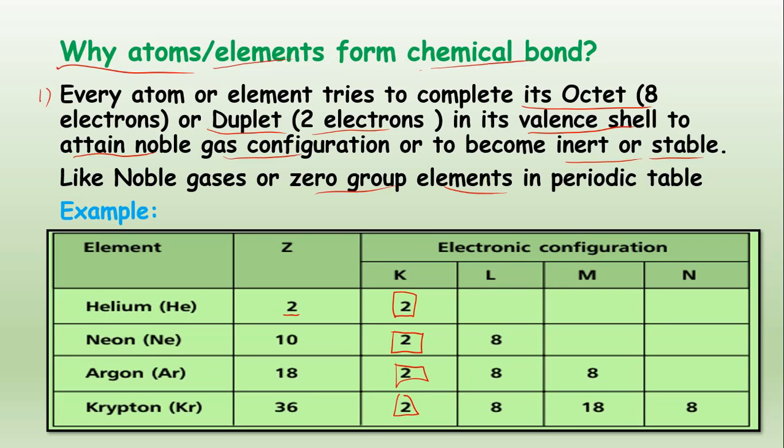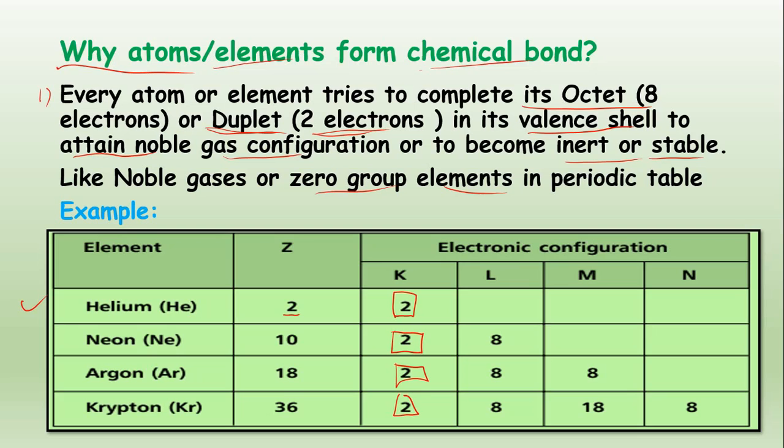That they form the chemical bond to complete their octet or duplet. They want to occupy 8 electrons in the last shell or the 2 electrons. So in helium, 2 electrons means the duplet of helium is completed, right?